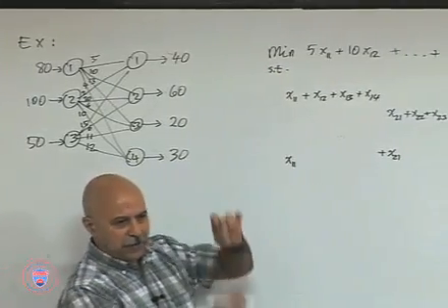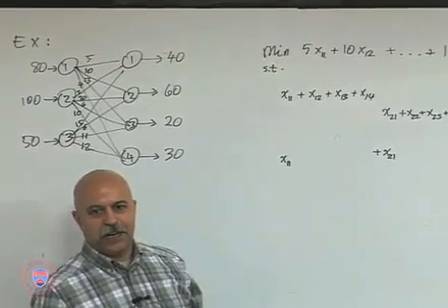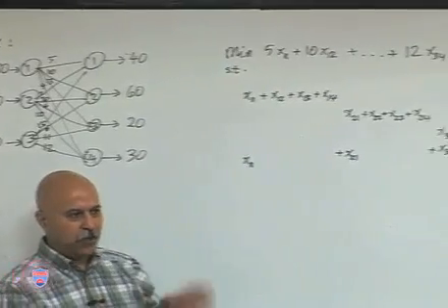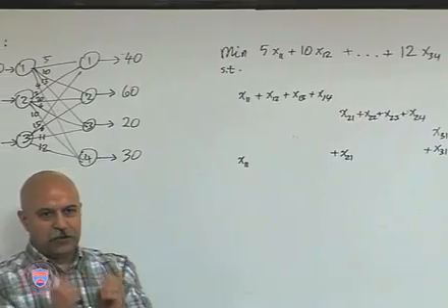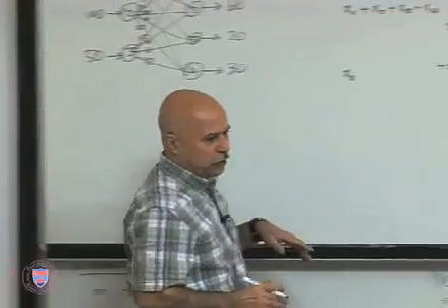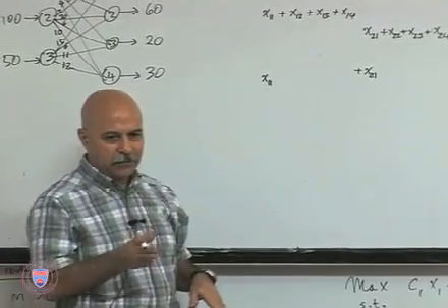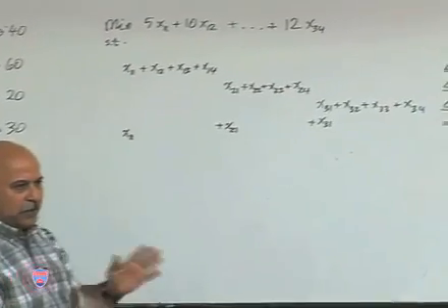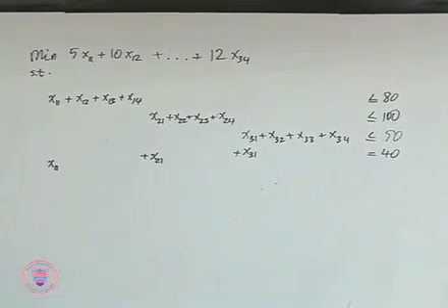Because each variable is associated with a column. Remember, in the first 2 lectures we talked about columns being associated with variables. So it's always good to keep that in mind. Columns of the matrix on the left and variables, they are always hand in hand.